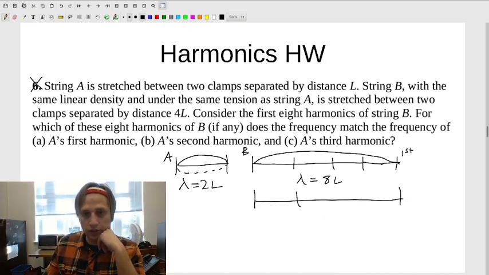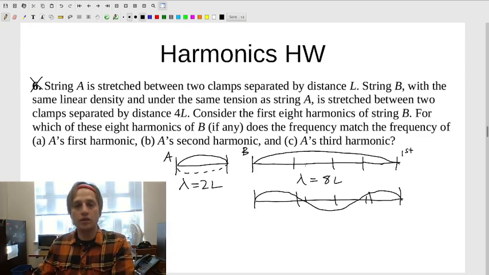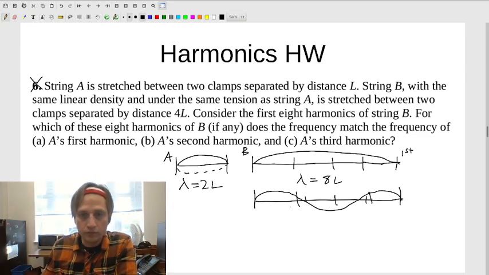Okay, so this is 1.5 wavelengths. Sorry, this is 3/2. Whoops, what am I doing?